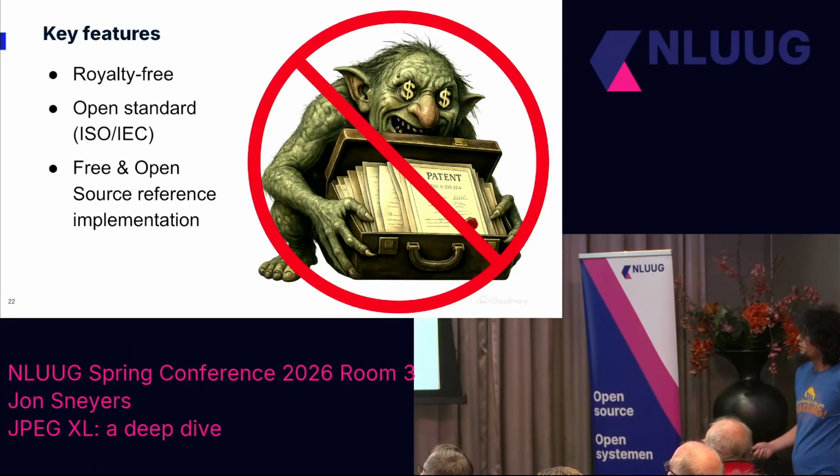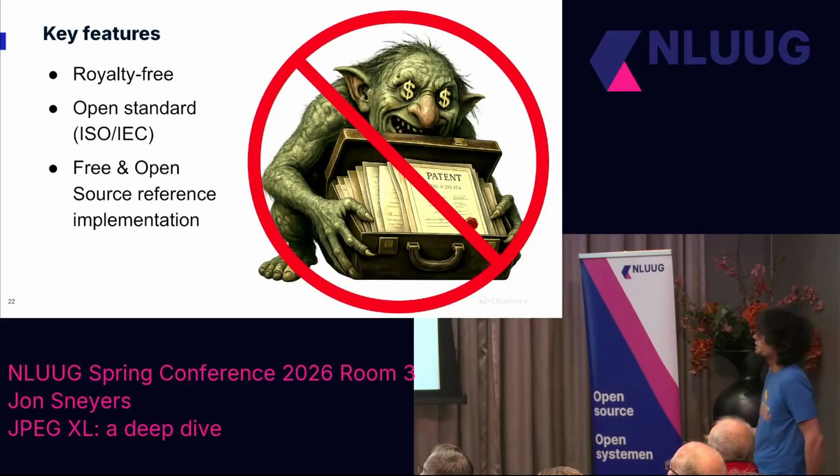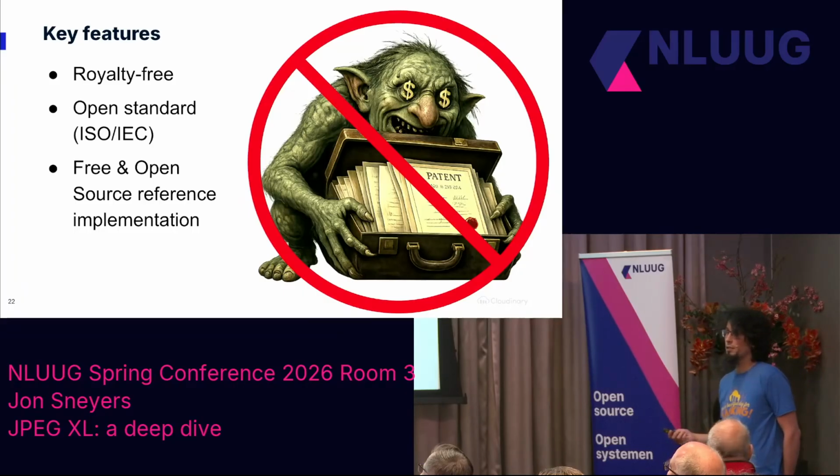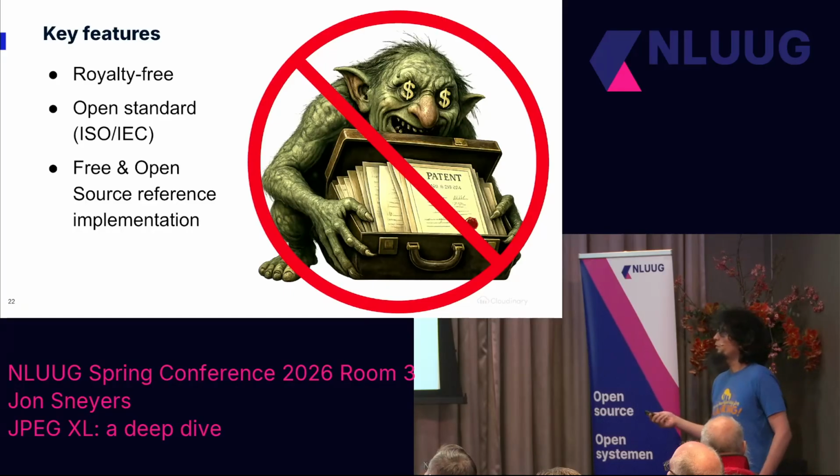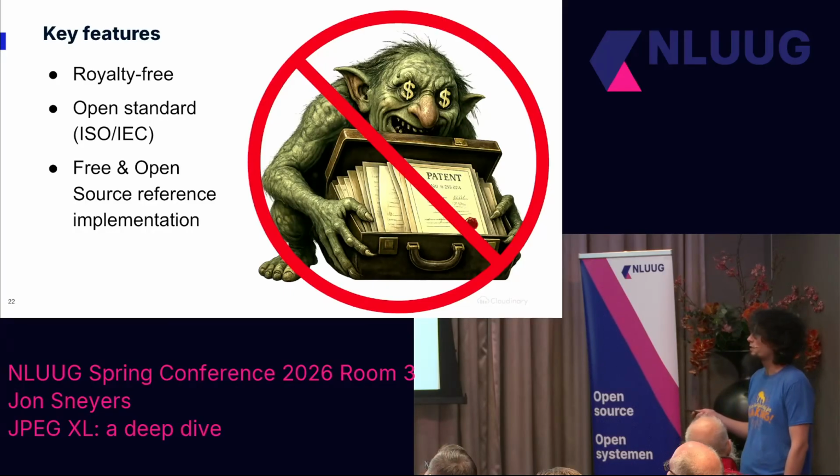Another key feature that I think is crucial for any new format is that it's an open standard and it's royalty-free. There's no patent licenses that need to be paid to use this. So this is, well, for image formats, I think this is essential.